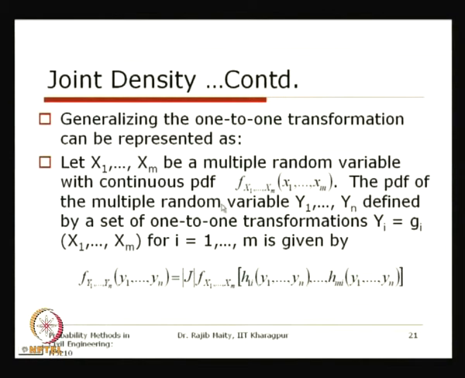The PDF of the multiple random variables Y1, Y2, up to Yn, defined by a set of one-to-one transformations, say Y1 equals g1, that is Yi equals gi of X1, X2, up to Xm for i equals 1 to m, is given, again from the same principle, by the new joint density equal to the Jacobian multiplied by the original joint density function expressed in terms of Y1, Y2, up to Yn.